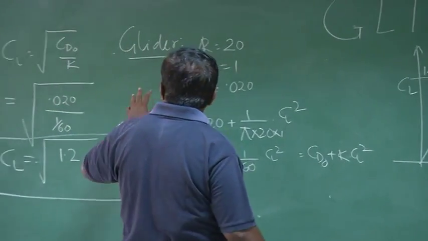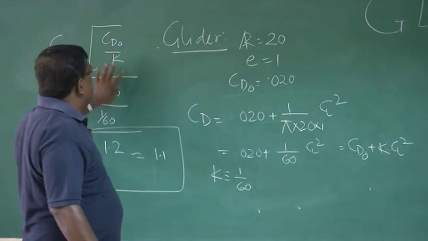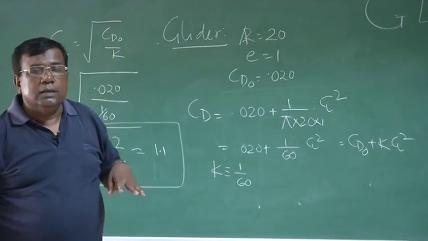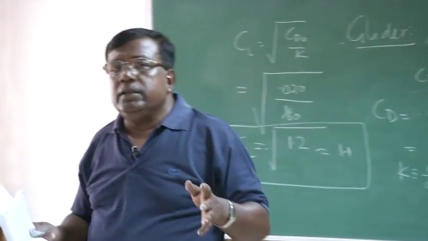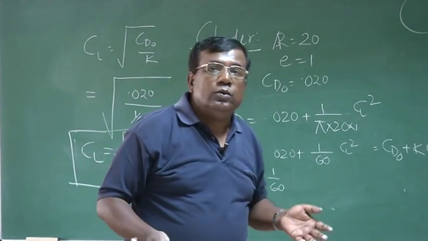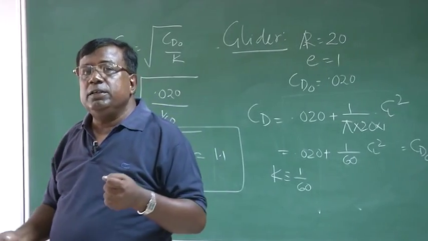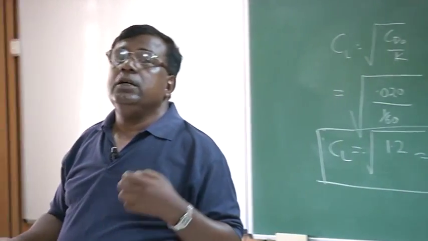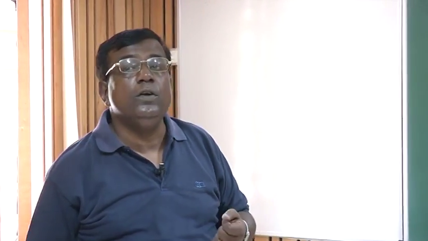So all these numbers, whatever you generate as a designer, my request is, after these numbers are generated, please think from the pilot's point of view, whether you have given enough bandwidth in your design so that the pilot can fly the machine safely and with good predictability. He should not go into a region of uncertainty every time.